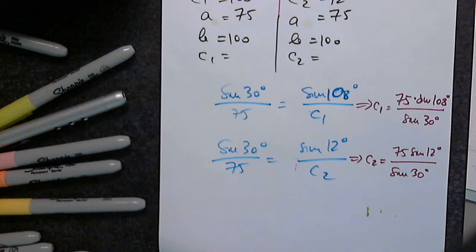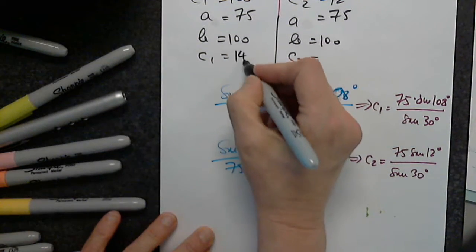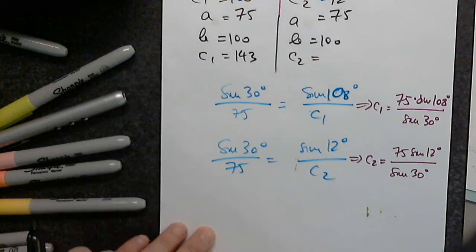Since I know that sine 30 degrees is 0.5, I'm just going to put 0.5. And the other one, I'm changing 108 into 12. So c1 turned out to be 143 roughly, and c2 31.